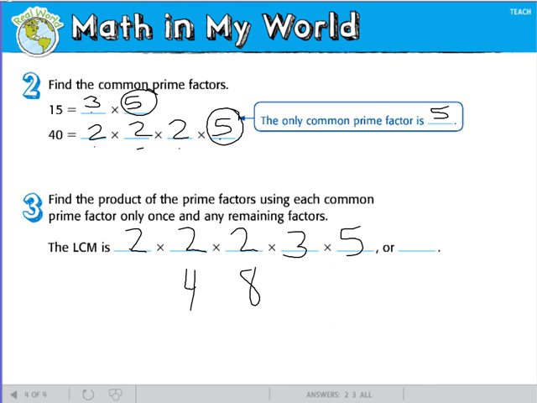Times 3 is? 24. Times 5 is? 5 times 4 is 20, right? 5 times 2 is 10 plus 2 is 12. 120. So our least common multiple is 120. Okay?